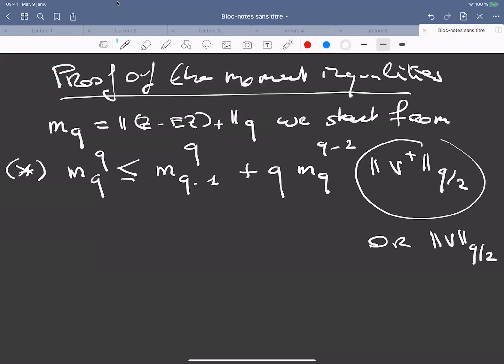If we put q here, this inequality holds true both for v plus and for v.